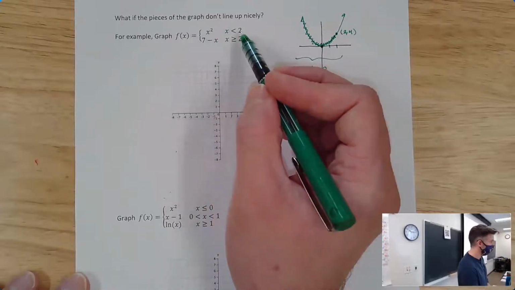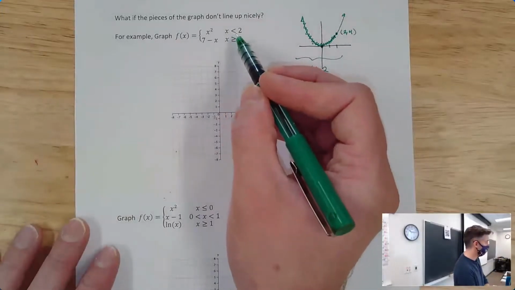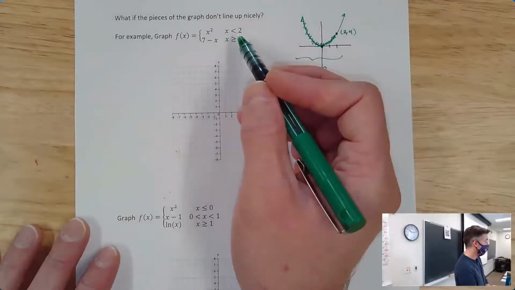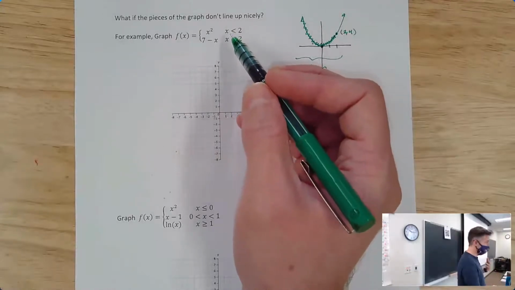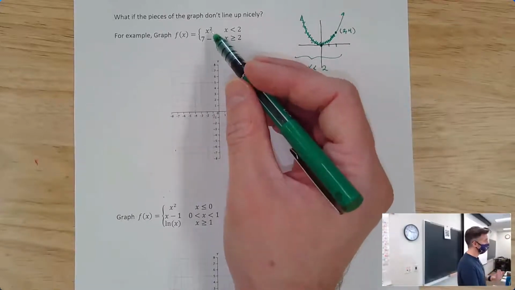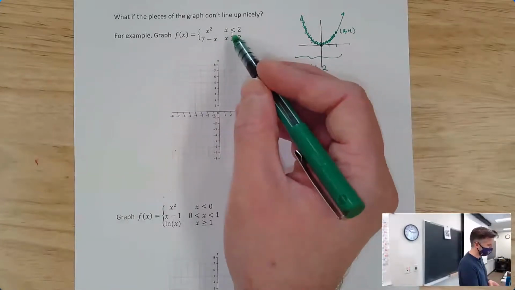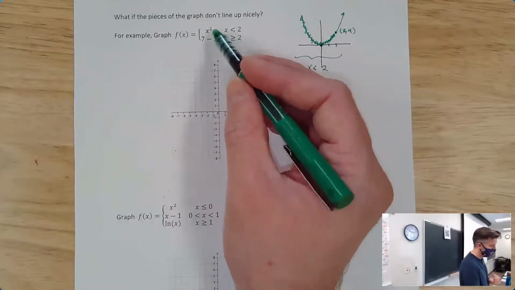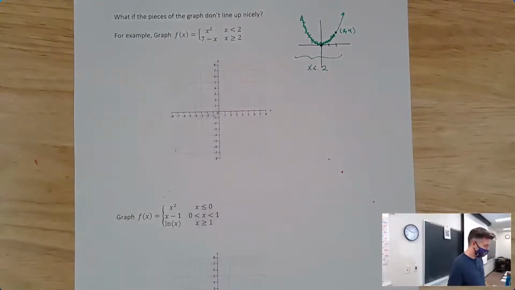I plugged in x equal to 2, even though you're right, it doesn't say x equals 2 there. It says x is less than 2. But since x is getting super close to 2, like x could be almost 2, I'm just going to plug in 2 to see the y value that it's going to be getting close to, which is 2 squared, which is 4. So I'm plugging the 2 that we're not quite getting to into the function x squared and getting 2 squared. And then we're going to do the same sort of thing for the other piece.